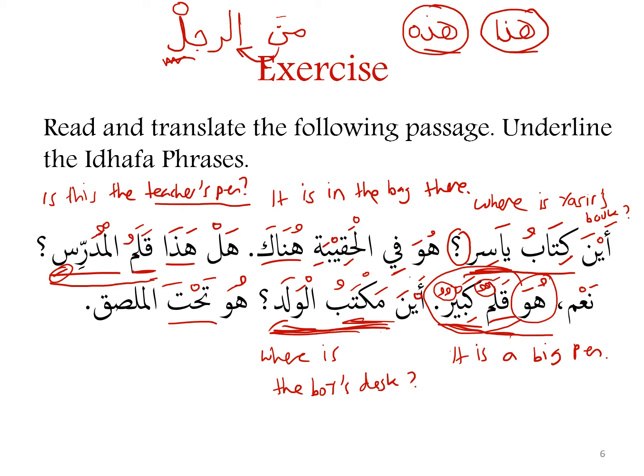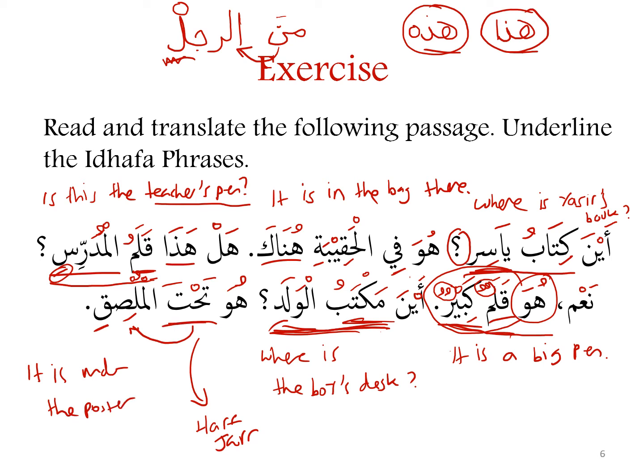Tahta. Now tahta we should recognize as being a harf jar, which means we're looking at a jar or majroor. This is going to turn this word to having a kasra. We should know that straight away. Tahtal mulsiq. Mulsiqi, which means the poster. So it is under the poster.